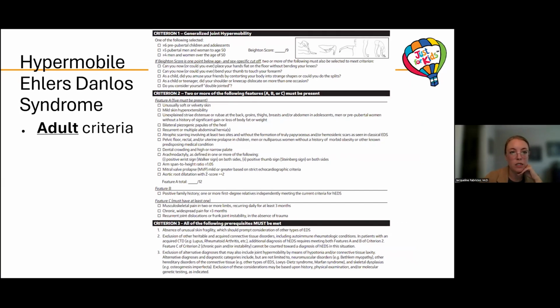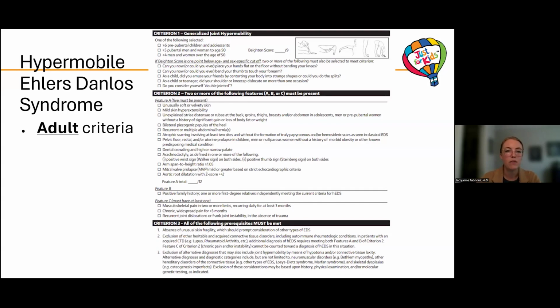That's the first criterion here. Within the second criterion, you have to have 2 out of the 3 possible features. The first feature is having a number of skin, soft tissue, and other connective tissue abnormalities that can be associated with hypermobile Ehlers-Danlos, like abnormal scarring, hernias, prolapse, that sort of thing.